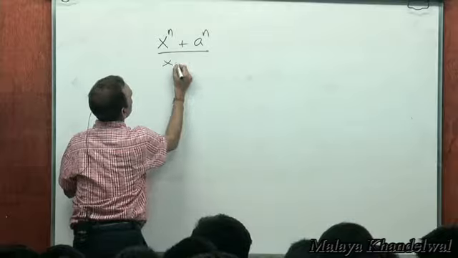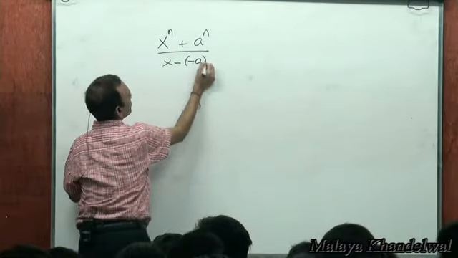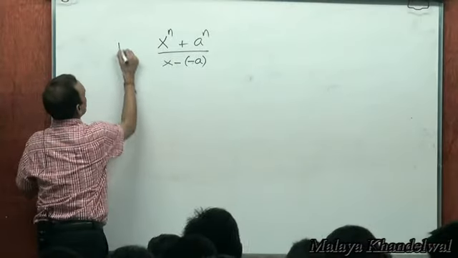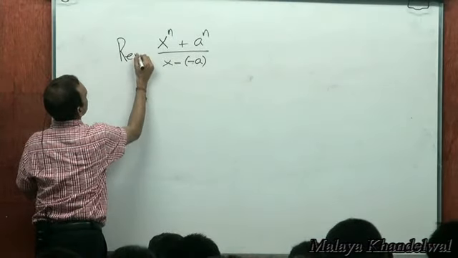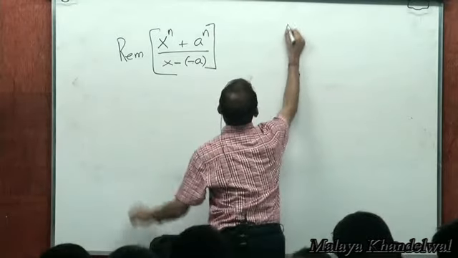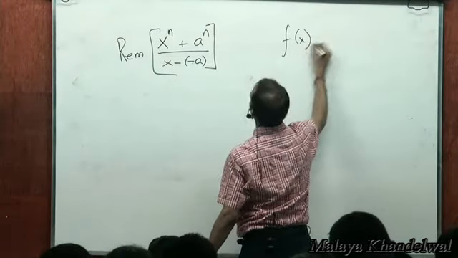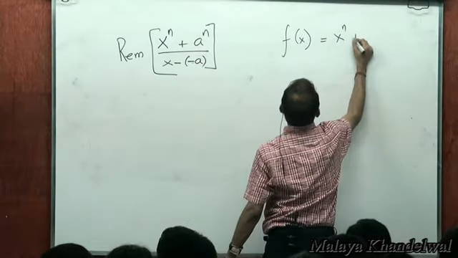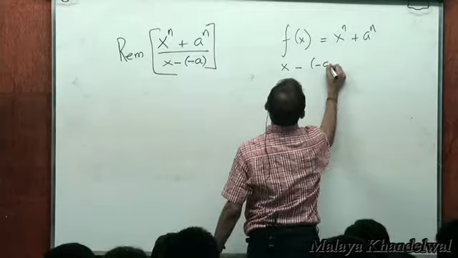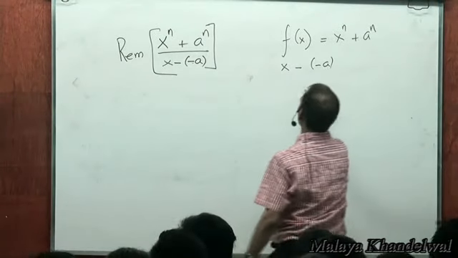X plus a means x minus minus a. I want to find the remainder of this division. That means when f(x), which is x power n plus a power n, is divided by x minus minus a, what would the remainder be?